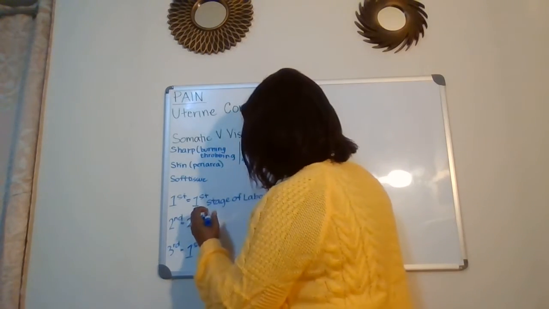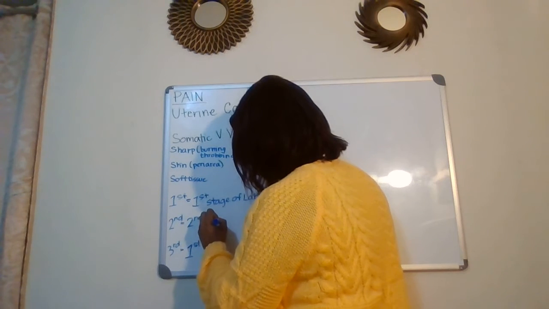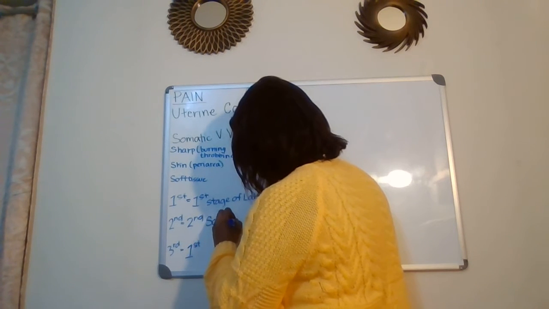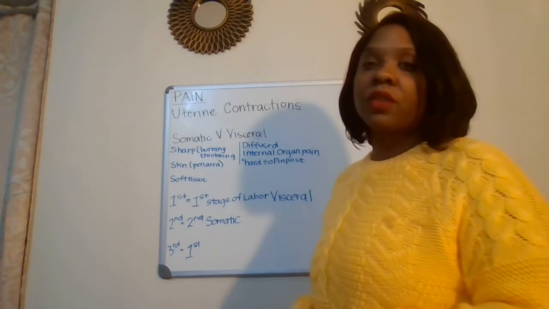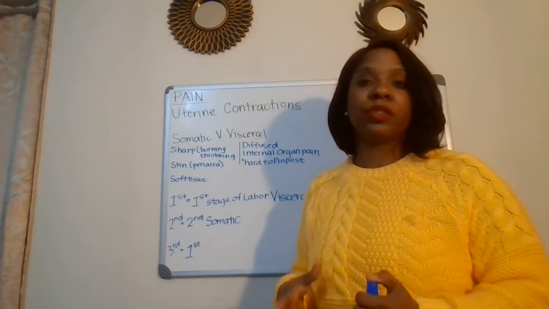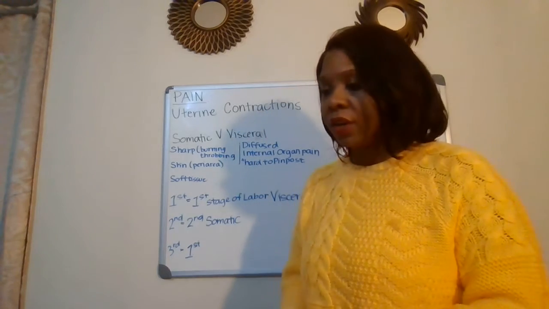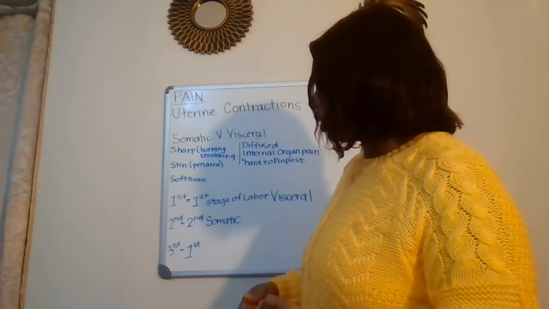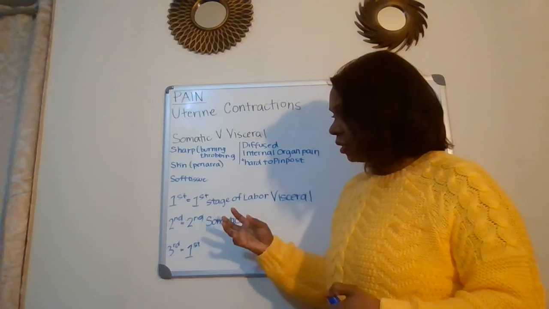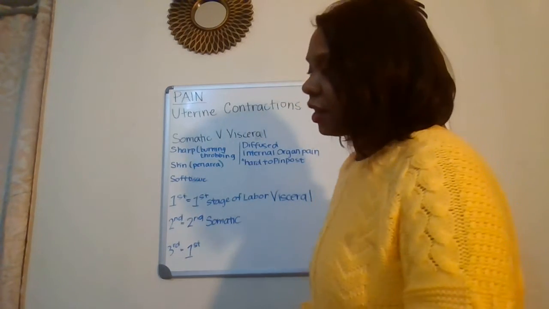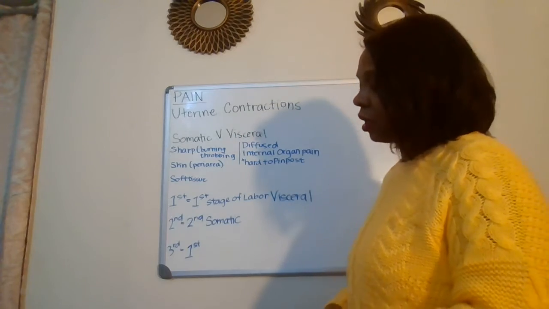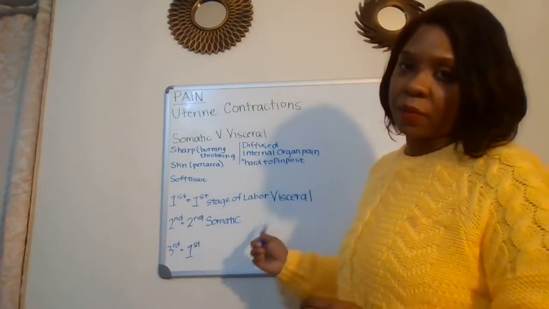Why? Because during the second stage of labor, she's pushing. You have all this pressure build up in your cervix area, causing sharp throbbing pain in your perineal area and your soft tissues. So that is somatic pain due to all that pressure buildup.